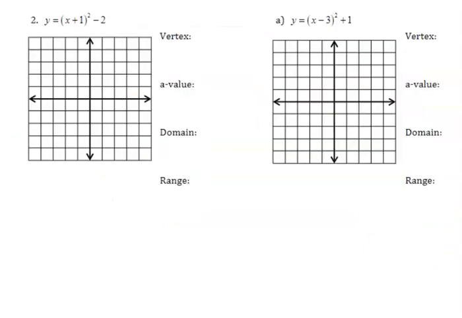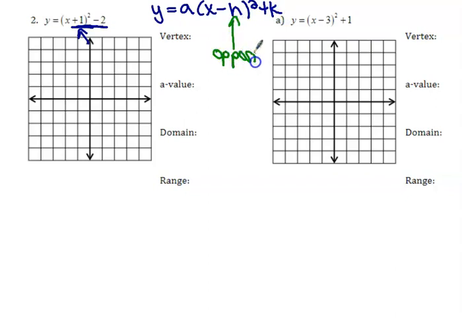All right, so let's move right along to number 2. So what does this mean? My vertex, the number on the inside, if you can recall, y equals a times x minus h squared plus k. Now the h is going to be opposite, so that's very important to know. Opposite.